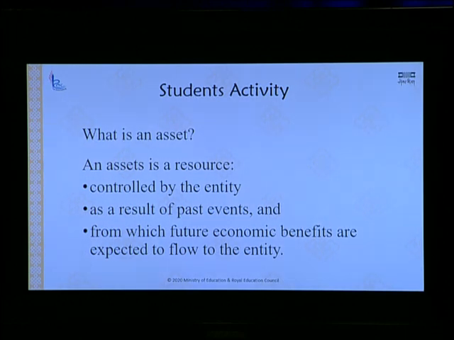So here you might be wondering why I am talking about assets out here. But let me tell you all that there is a direct relationship between assets and property, plant and equipment. You might have learned last time that assets are classified into two broad categories. First one is current assets and second one is non-current assets.